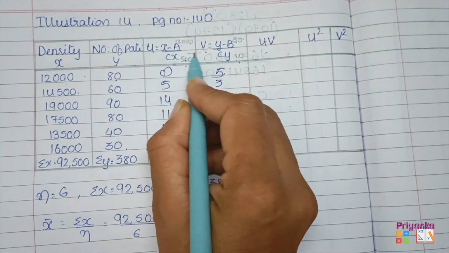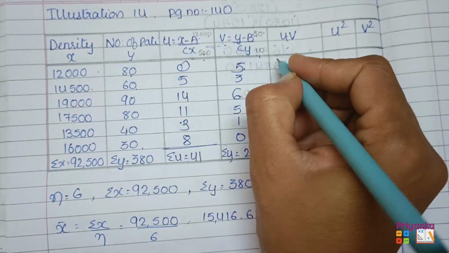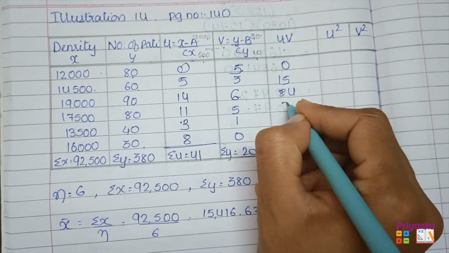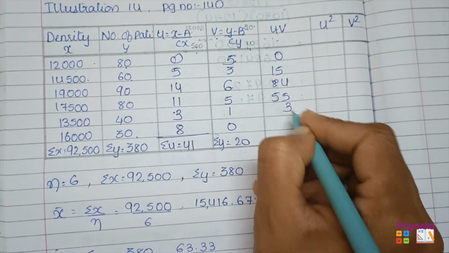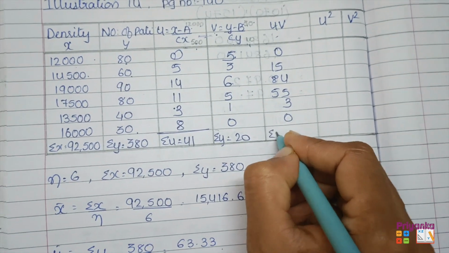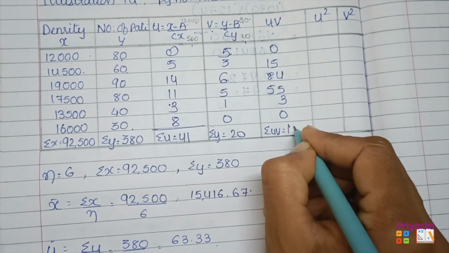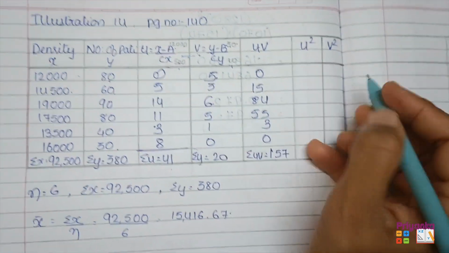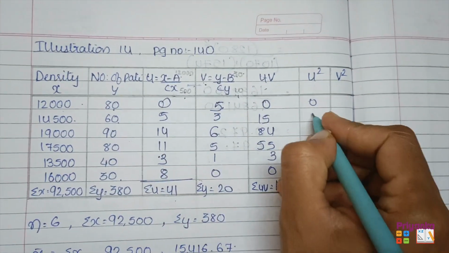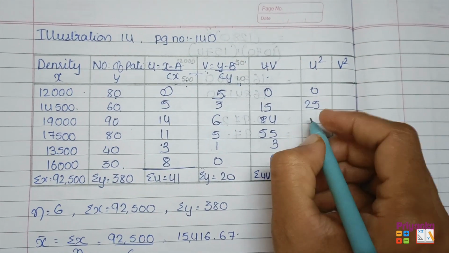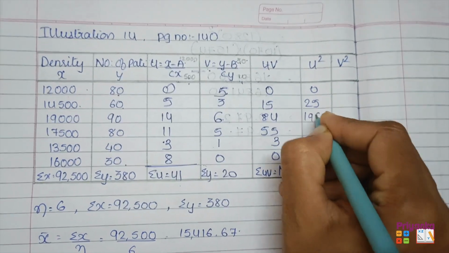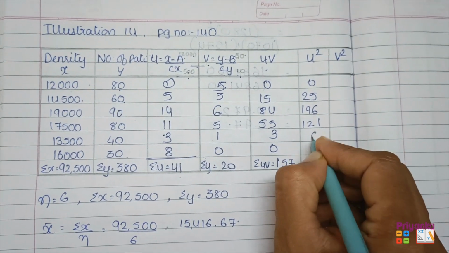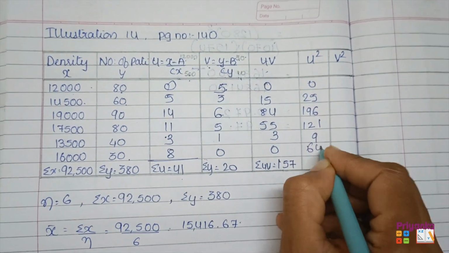uv means the multiplication of these two columns, that is 0, 15, 84, 55, 3, 0, and the total of this, sigma uv, we found 157. u square means the square of this column: 0, 5 5s are 25, 14 14s are 196, 11 11s are 121, 3 3s are 9, and 8 8s are 64.